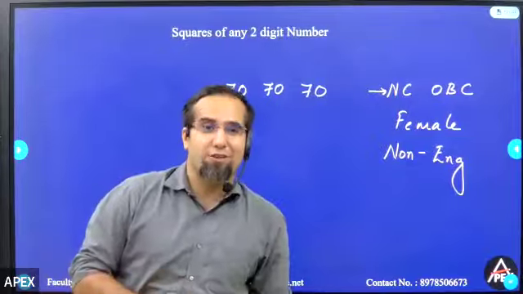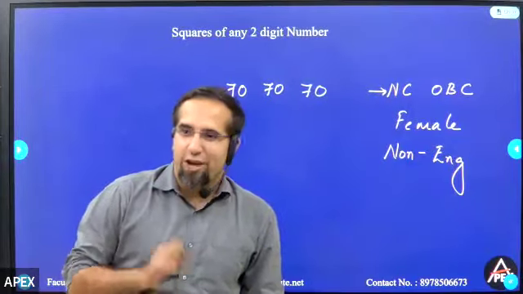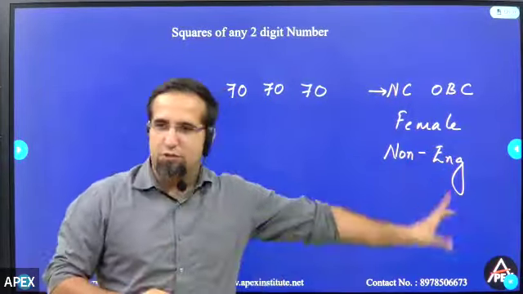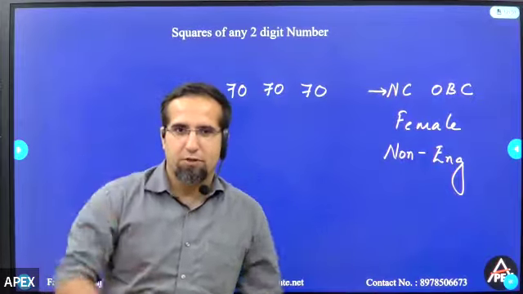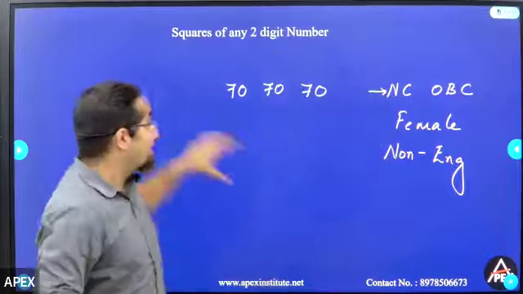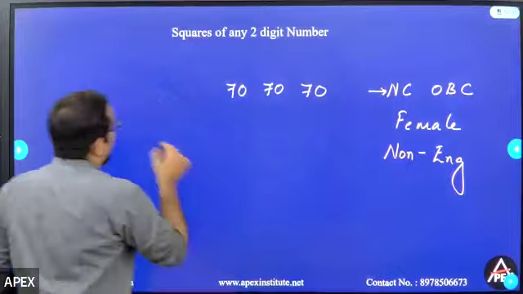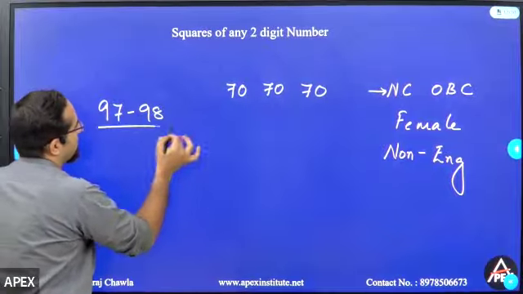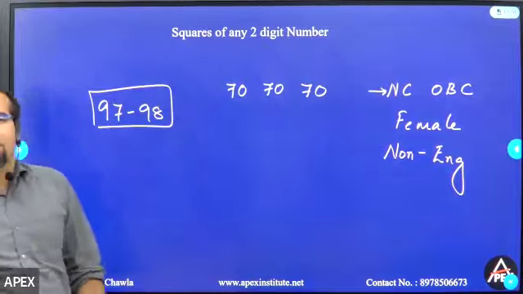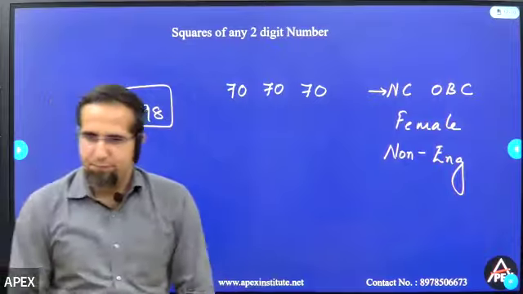She's sitting in IIM Calcutta, ticking the same boxes. This girl I'm talking about is expected to score between 97 and 98 percentile.